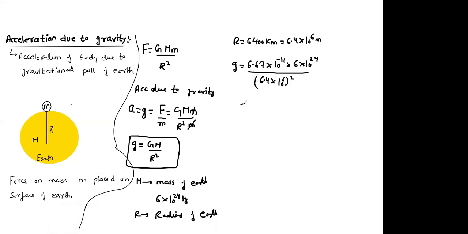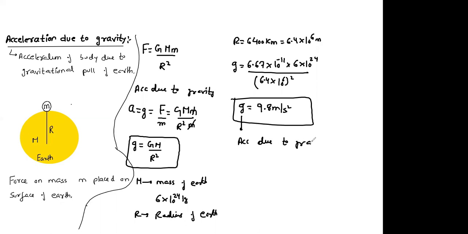If I solve these things, you will get g as 9.8 meter per second square. So this is the value of acceleration due to gravity for a body placed on the surface of Earth. But remember, this is acceleration due to gravity on the surface of Earth only.